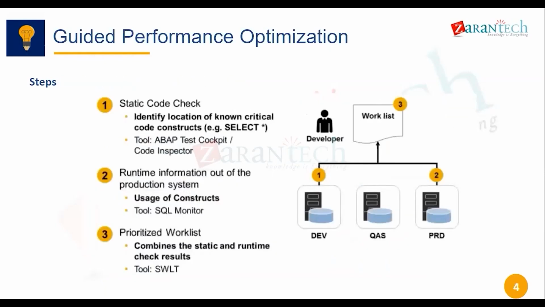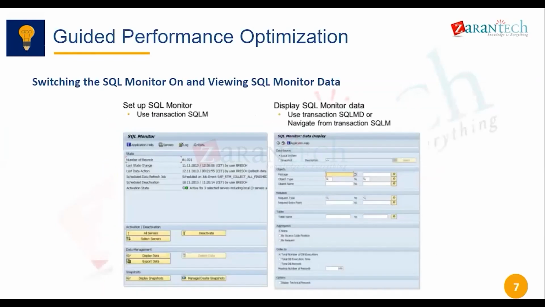So these are the three important things to do when you focus on performance optimization: use the SCI or ABAP Test Cockpit, use the SQL Monitor, and then use the SWLT. How can we switch on this SQL Monitor? Just to remember, we are doing this SQL Monitor on top of a production system.